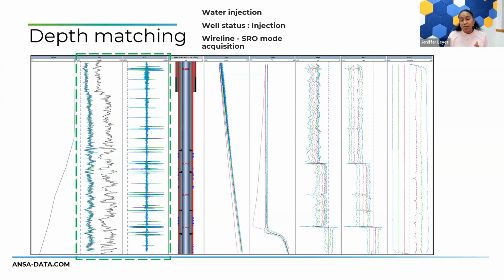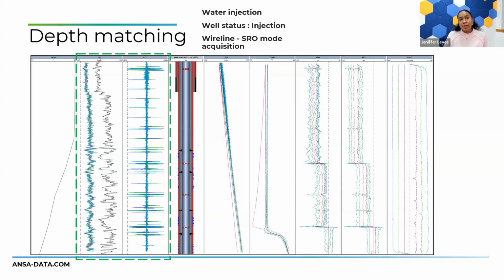So you can use these as a correlation. The response of the gamma ray at these pip tags is going to be very definitive. It's going to be like a spike, a very high value. So you can use this as a correlation. For instance, this is one of the options. Additionally, let's say if your gamma ray doesn't show you many features, you can get help with the CCL curve.